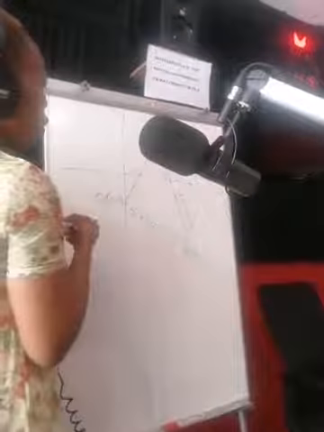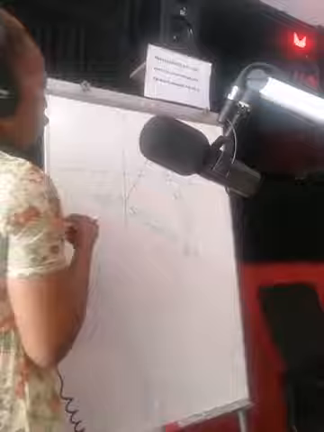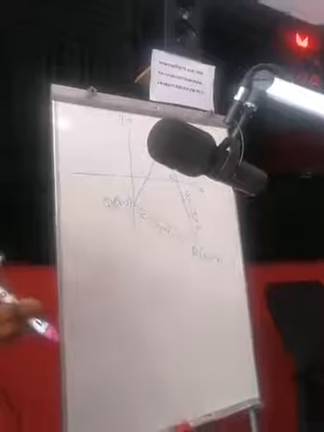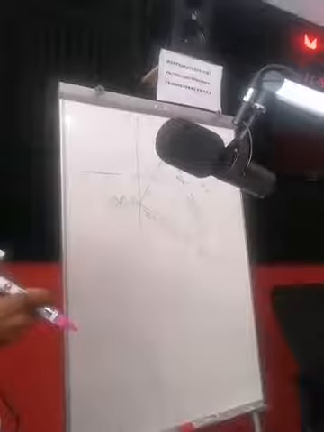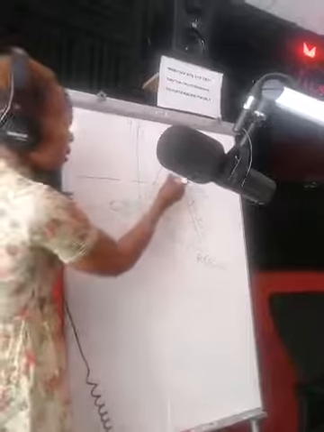And then for line PQ, I move to the right-hand side of that line from the x-axis, which we also refer to as the positive x-axis, moving anti-clockwise to touch line PQ. Let us refer to that angle that is formed as angle alpha.